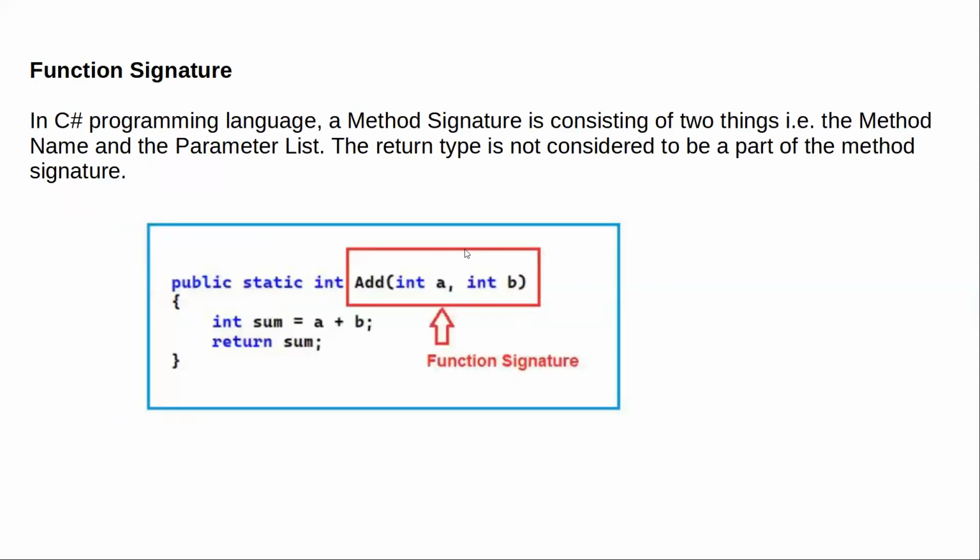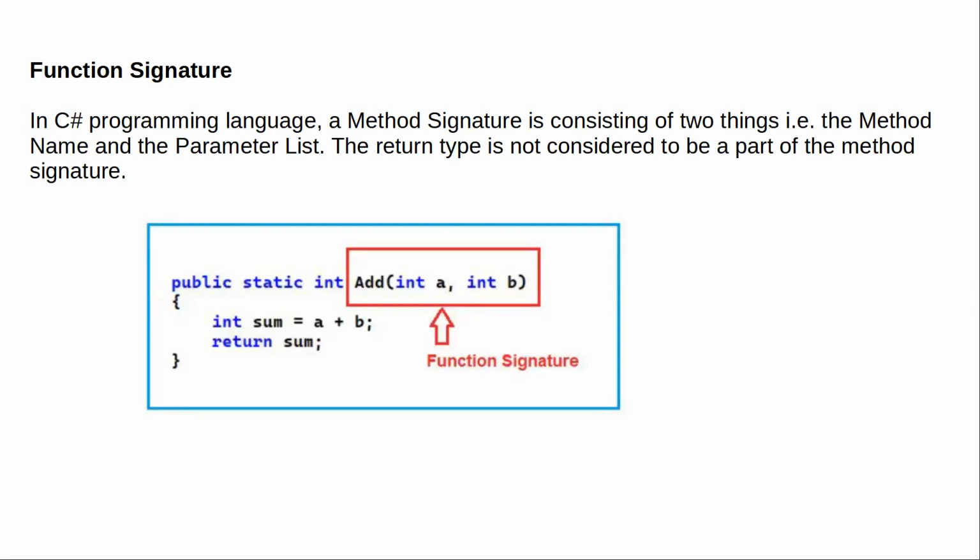There is a thing called function signature. As you know, the compiler can only understand machine language instructions. If you have 10 different functions or 100 different functions, there should be an easy way for the compiler to understand which method it needs to execute.